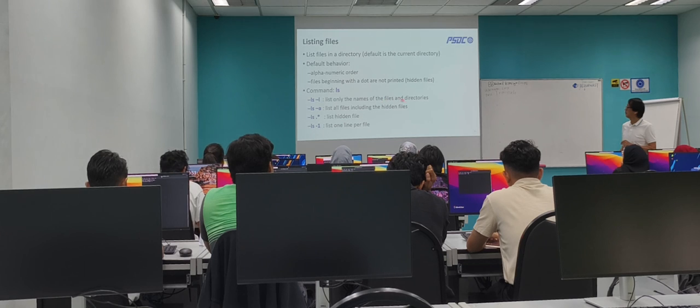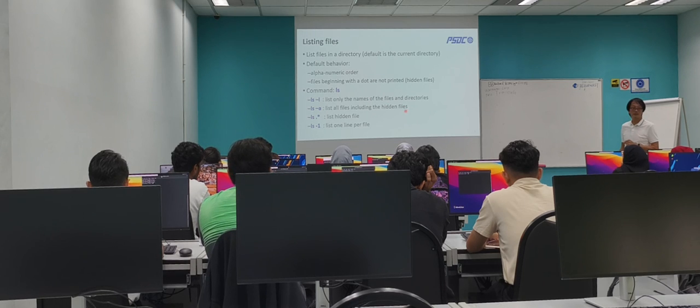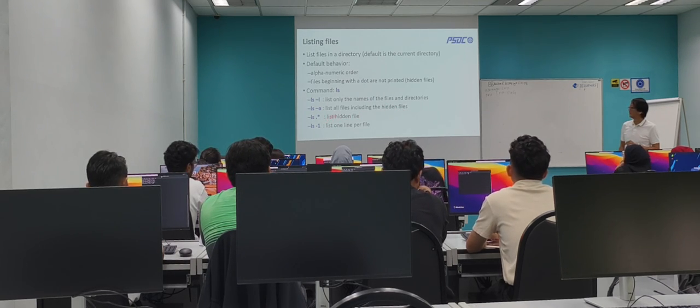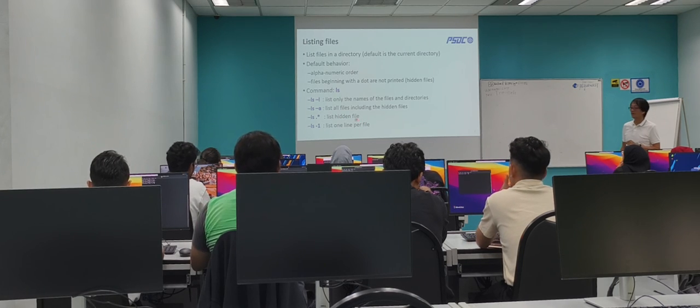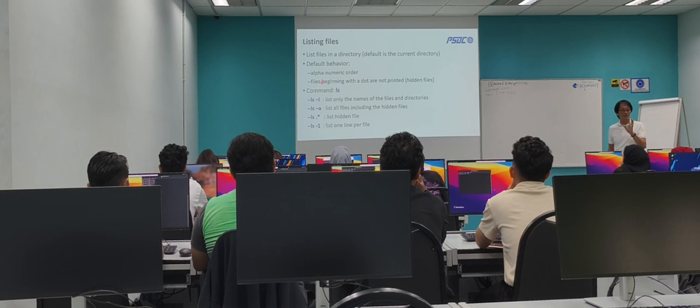We list the names of the files and directories. -a lists all the files, including the hidden files. ls .* also lists hidden files. -1 lists one line per file. When you try it, you get more understanding.